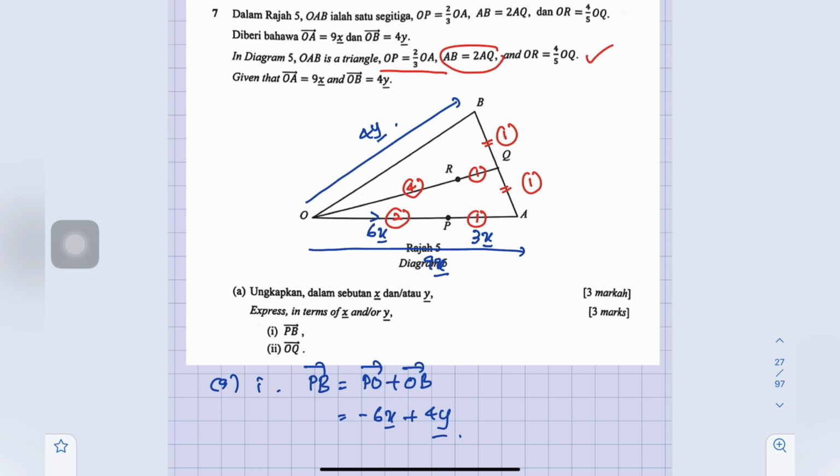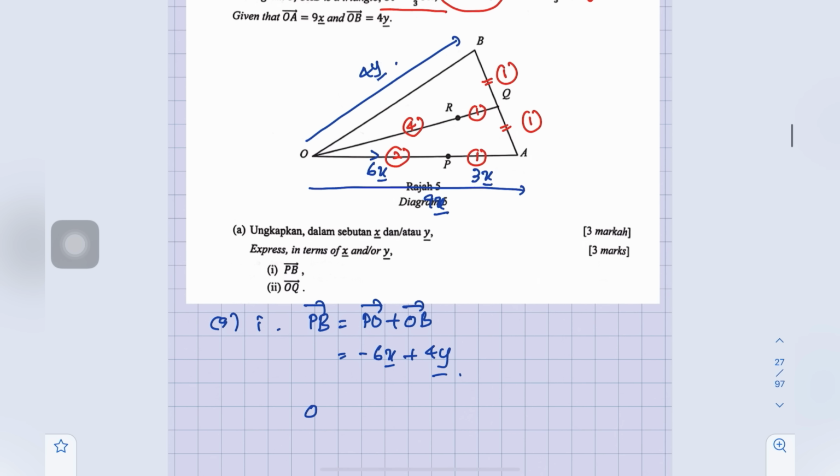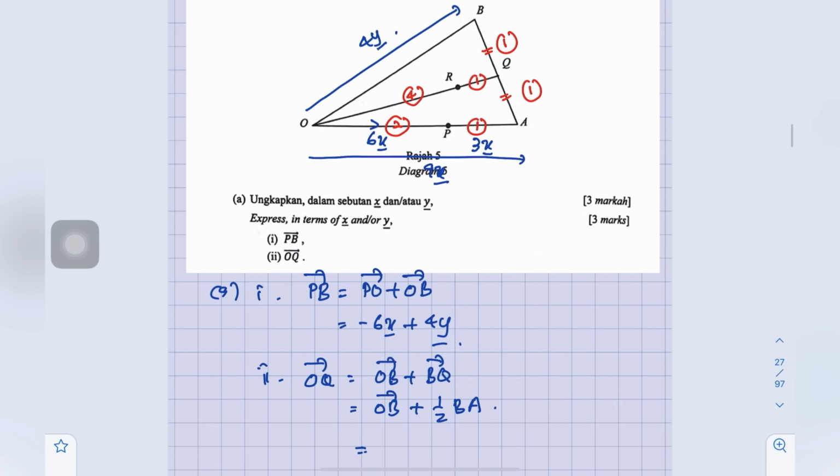Then OQ. From the diagram, OQ is OB plus BQ. BQ is half of BA, so BQ is 1 over 2 BA. So BA we have to find first. So this equals OB plus 1 over 2 BA, where BA is BO plus OA.